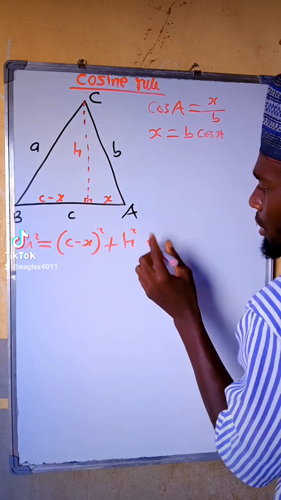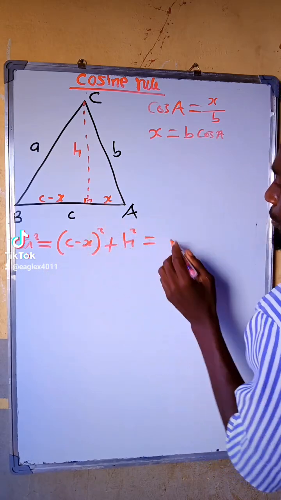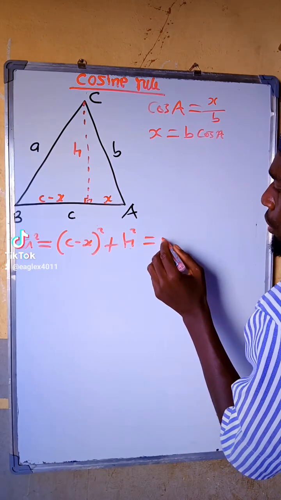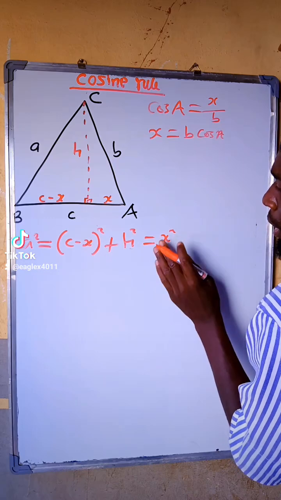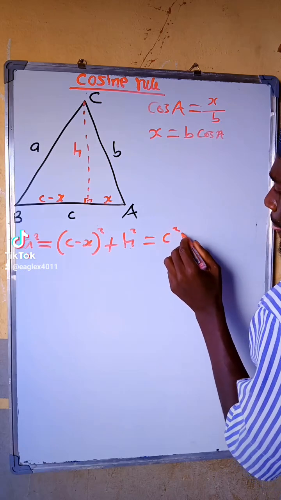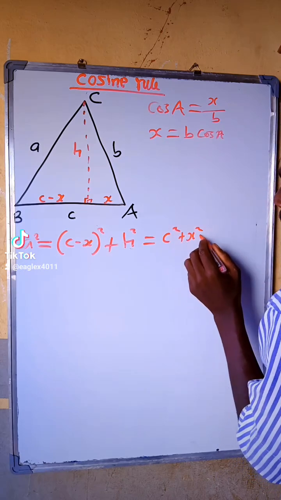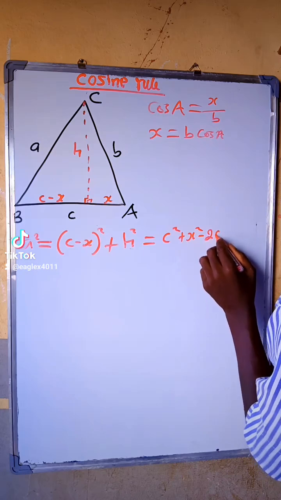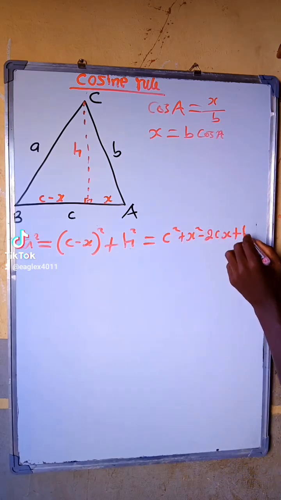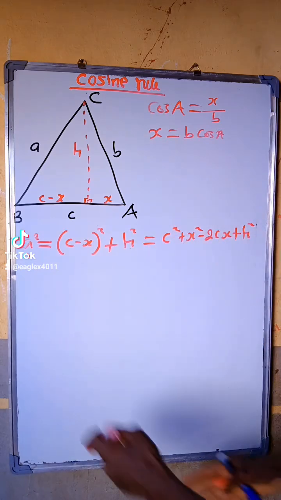If we open this, c minus x square is the same thing as, in alphabetical order, c square plus x square minus 2cx. Then plus our height, h square.